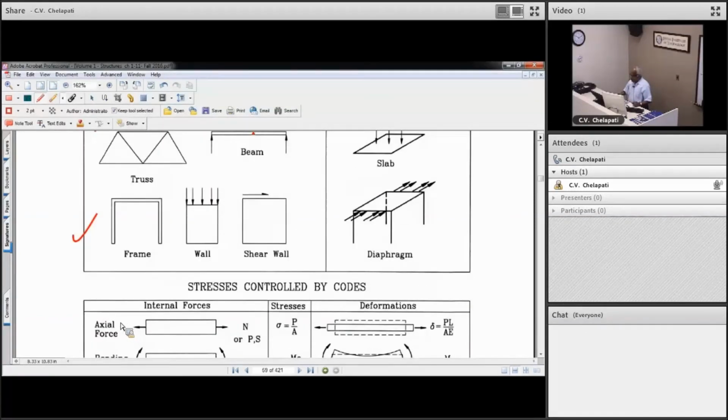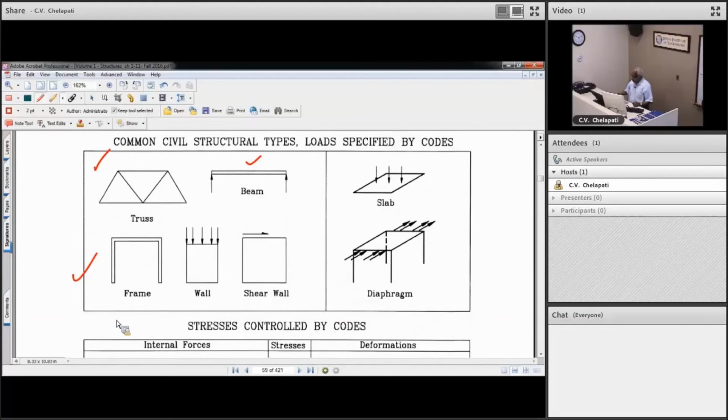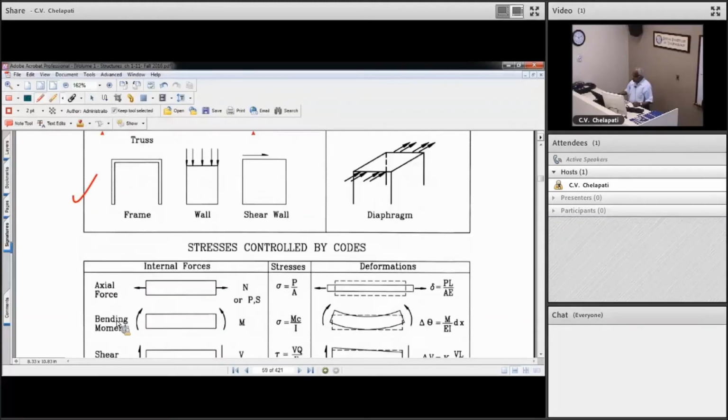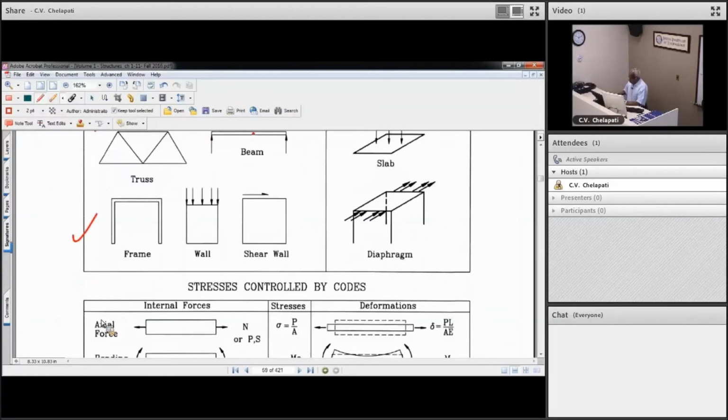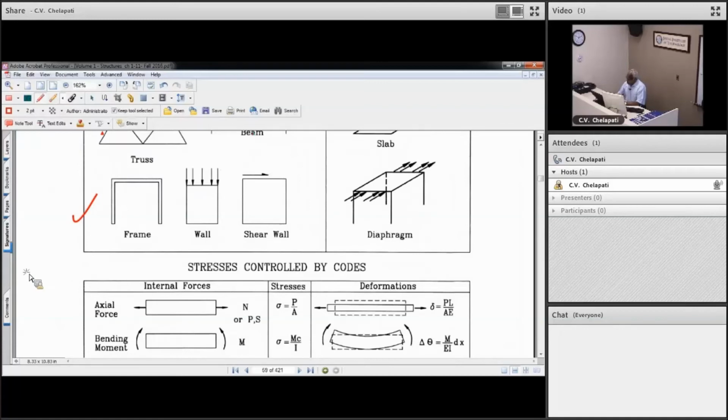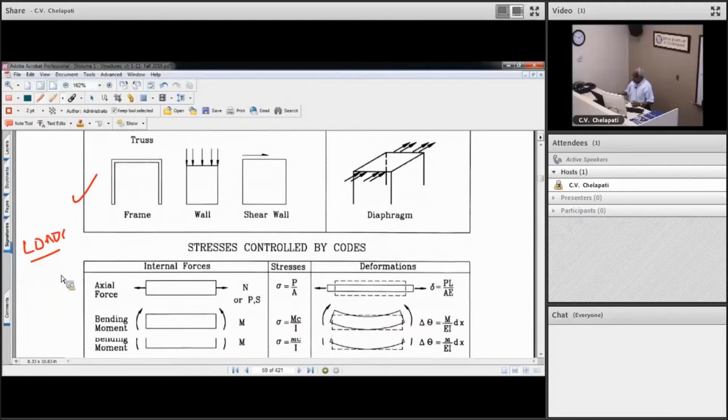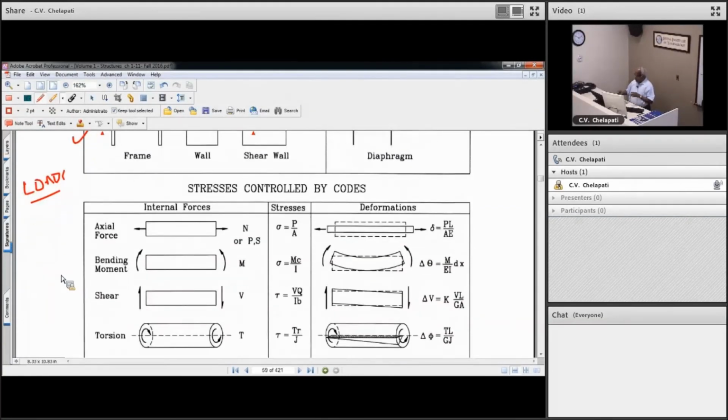Now, once you have the structure, you apply the loads. What loads you apply depends on where you are, and you have to follow all the rules and regulations. Once you apply the loads, you look at the structure.